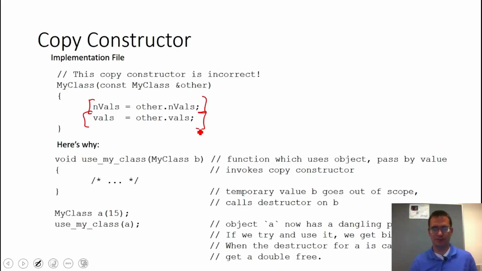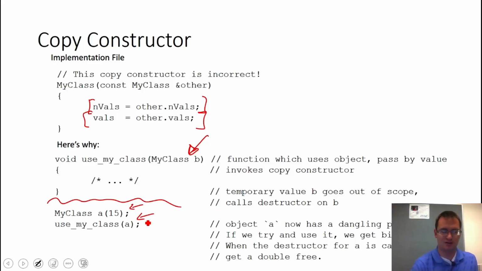And so, here's an example. We have a function called useMyClass. We're passing this by value here, okay? And so here's my main function. We have A, and we pass A into the function. The function makes a copy. We're going to call it B, just so we're clear that these are 2 different things.